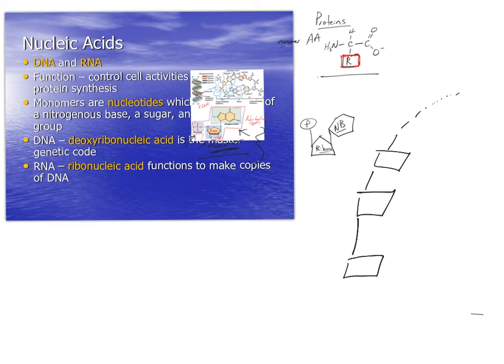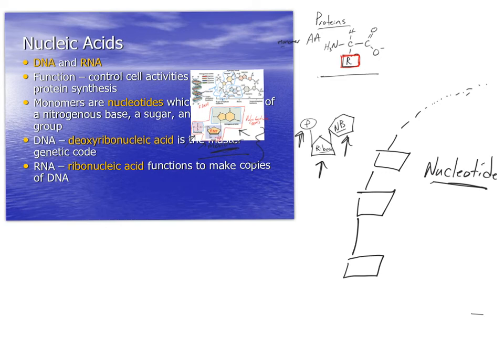So each of these is a nucleotide. What am I talking about when I use the word nucleotide? I'm talking about the ribose, the nitrogenous base, and the phosphate together. As this goes on, it forms a very, very long chain, and these nucleotides, or monomers, are the links in that chain.